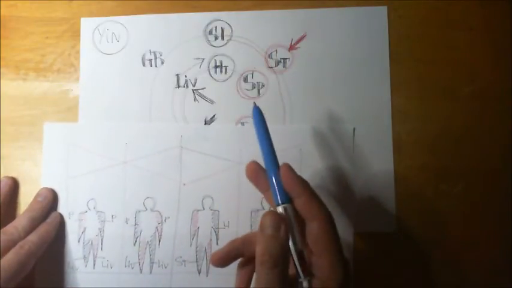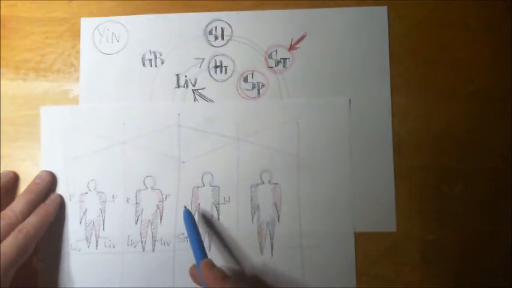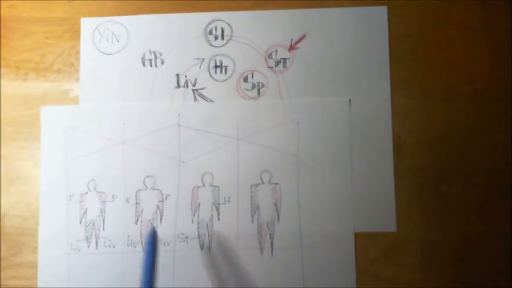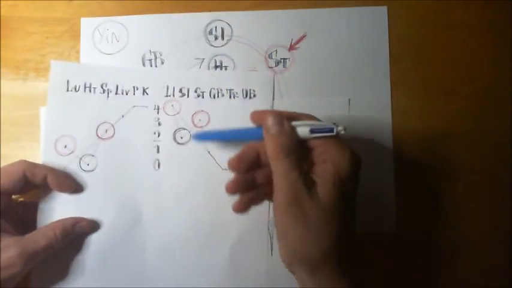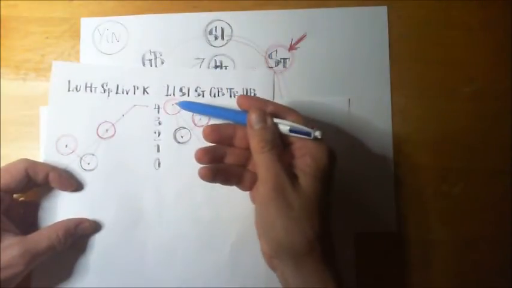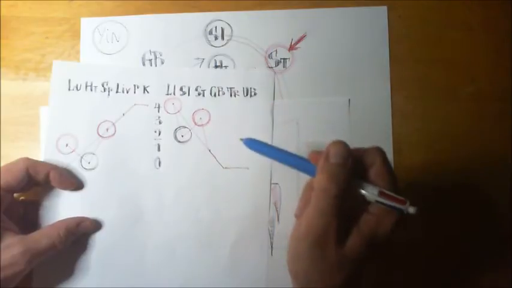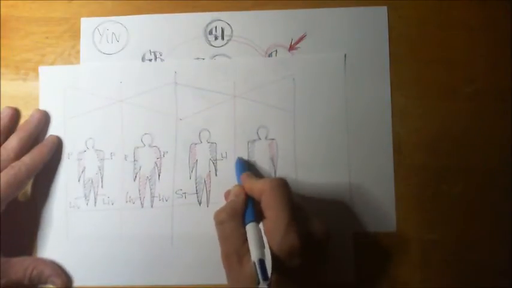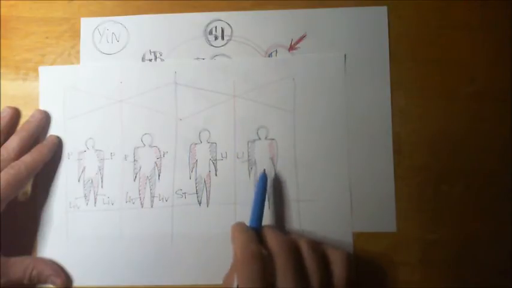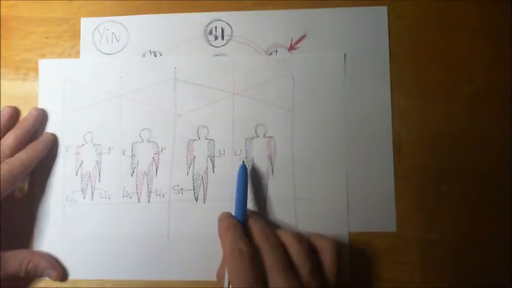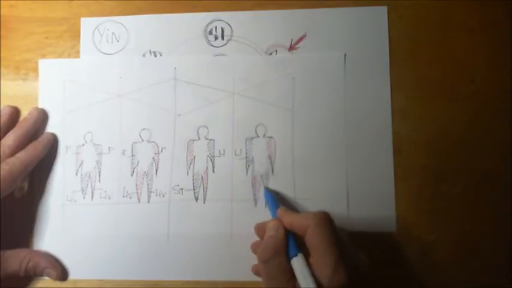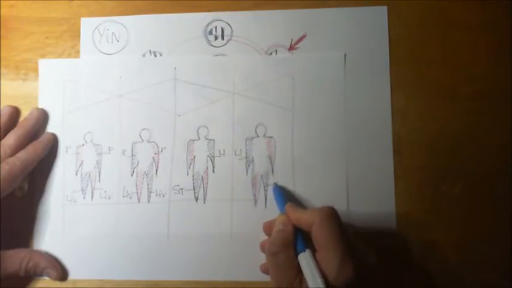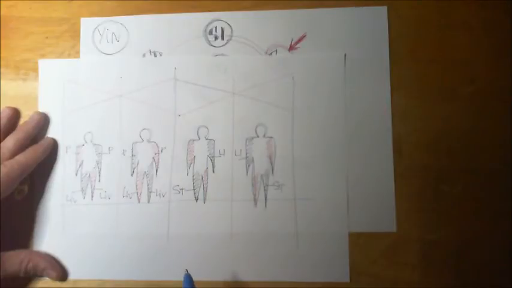We can't use it on the left, because the right here is excess and the left is deficient. So we will use only large intestine on the right side and the stomach also on the right side.